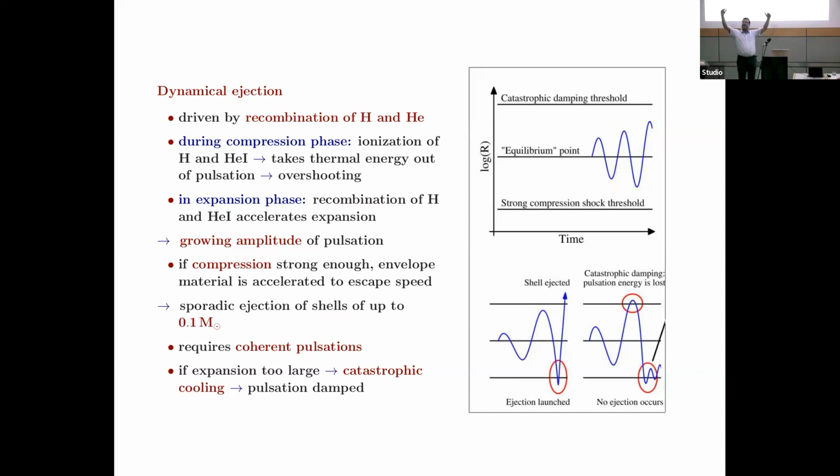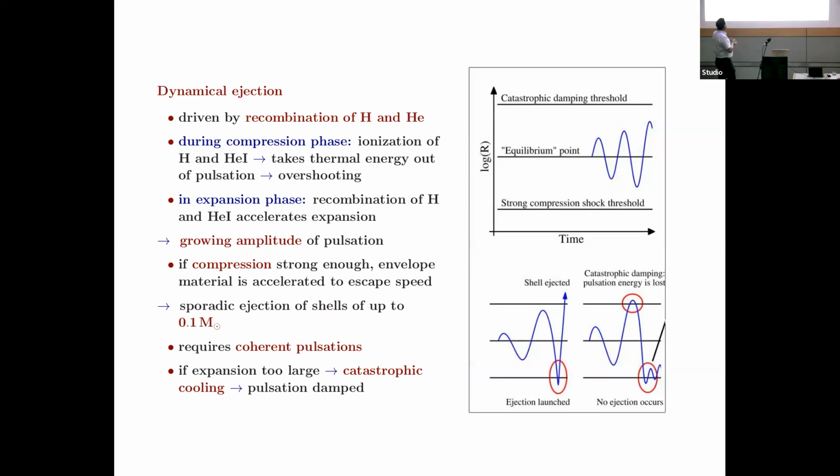So if you have an extended phase, hydrogen and helium is non-ionized. As you contract and heat the material, it actually ionizes the hydrogen and the helium. But that requires energy. It takes energy out of the thermal energy budget of the pulsation. And the thermal energy is what stops the contraction. And so by taking that out, you contract more.